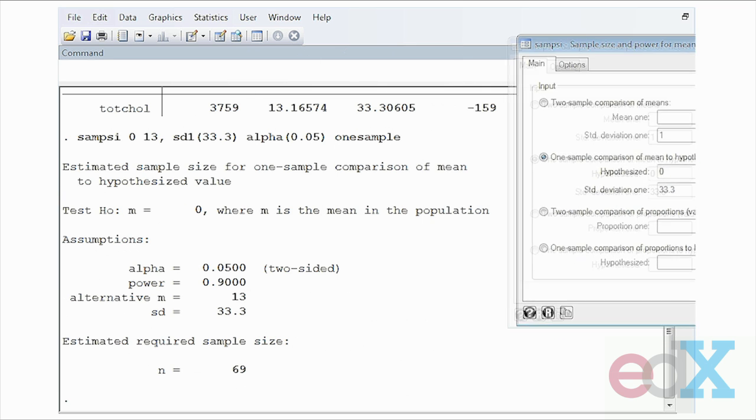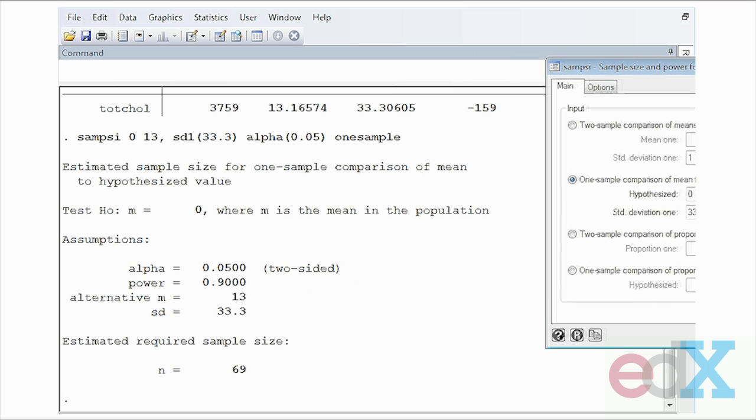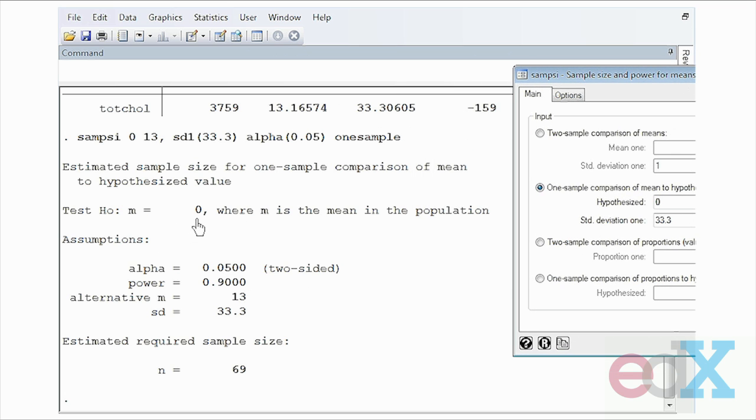So now what Stata says to us is, if you want to test the hypothesis that the difference is 0 in your one sample, remember this is the dependent case on the two samples, so that's the same as the one sample. So if we want to test the hypothesis that the mean difference is 0, or the mean is 0, with an alpha of 0.05 and a power of 90%, when the alternative is 13.